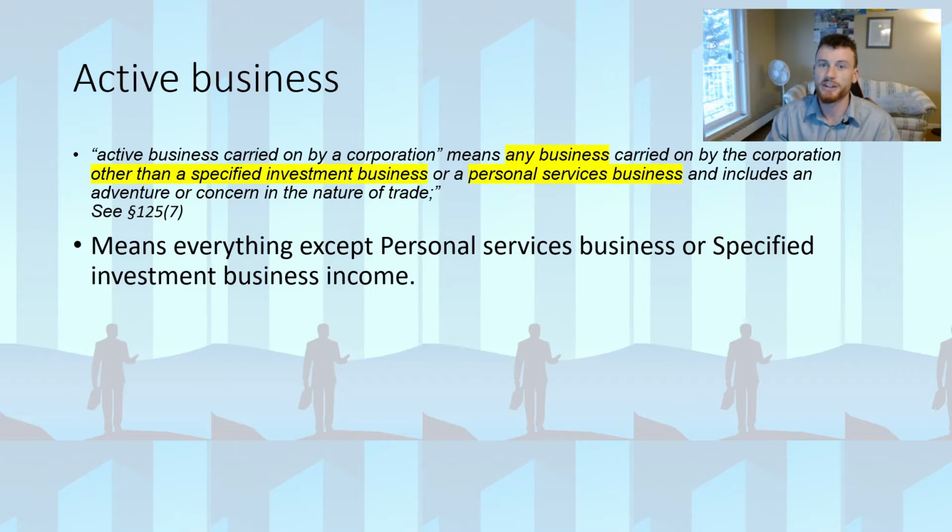So it's one of these definitions which states this is what it is, except it's not these 2 items. It's a very broad definition, and before going into details of what the other ones are, we want to try and define active business income because this is the one that allows for the small business deduction. The other 2 do not.